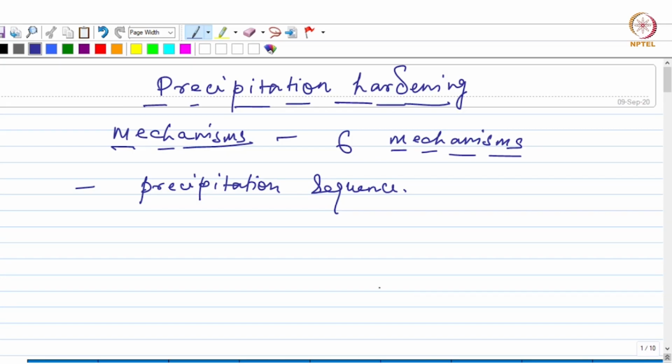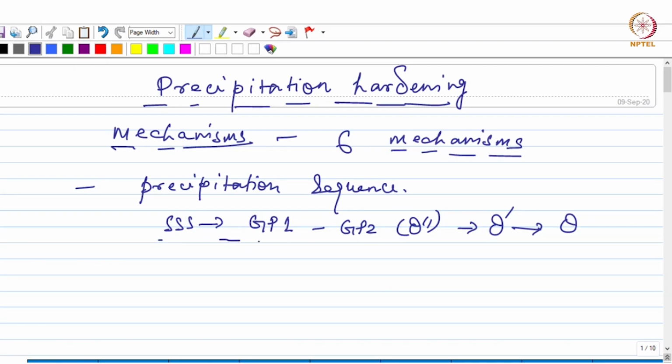It starts from the supersaturated solid solution and then goes through the phases GP1, GP2, then the theta prime precipitate forms, and ultimately the equilibrium phase theta forms. So depending on the alloy system, there is a particular sequence in which the precipitation occurs.